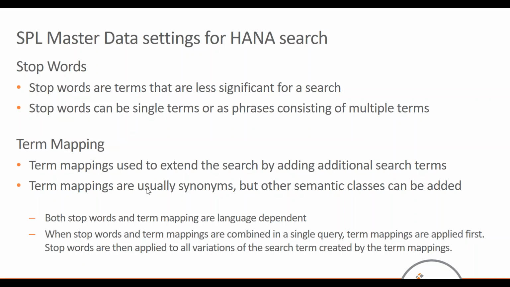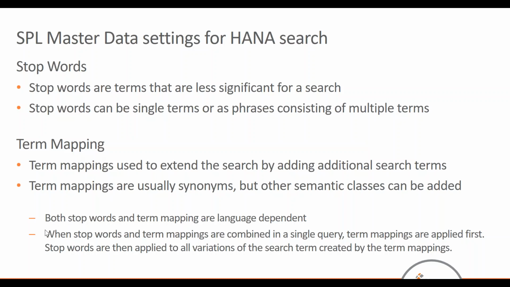Typically you can add synonyms, but other semantics like hyponyms and hypernyms can also be added to the term mapping table. If you observe here, both stop words and term mapping are language dependent, which was not the case in the classic algorithm. So that is an advantage over the classic search.